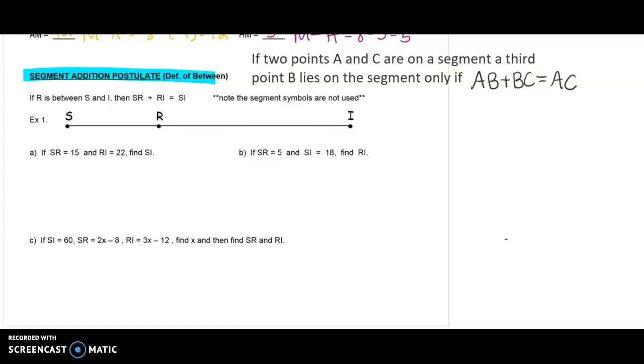And that should make sense because if I look at this segment SI with R in the middle, if I take this piece of the segment and I add it to this piece of the segment, those two pieces should add to this entire segment.